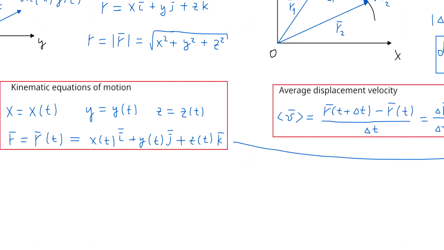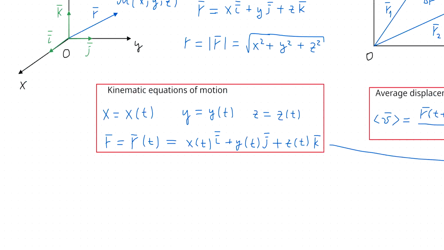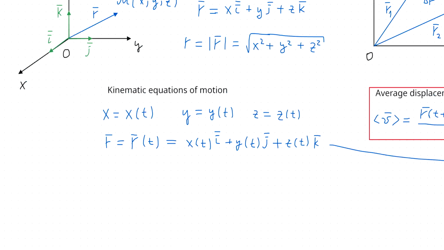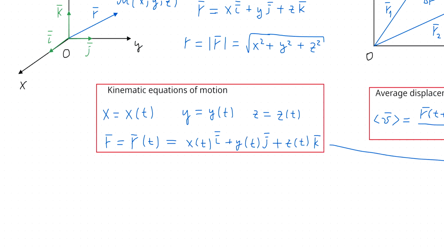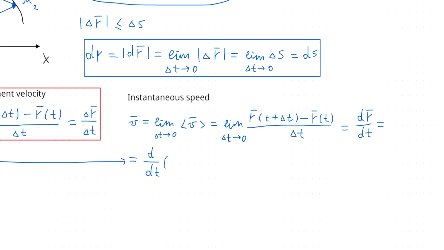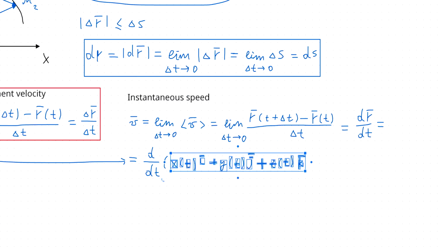And now I think I will copy this string into brackets to make a substitution. And if we calculate this derivative, we can see that here we have a linear combination of three functions, x, y, and z.